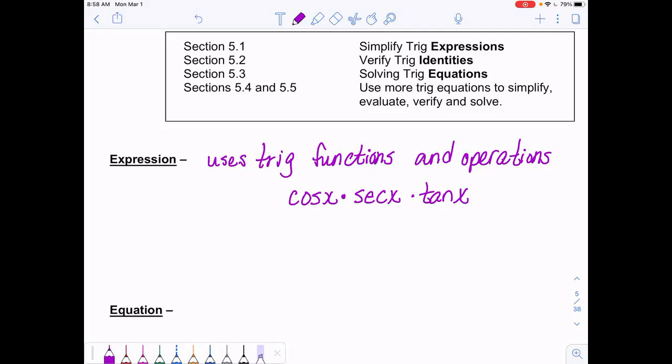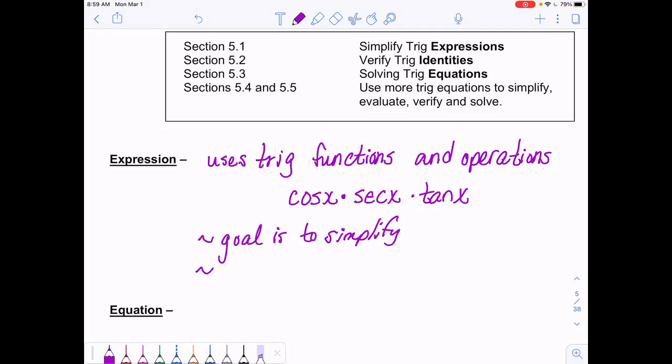Our goal will be to simplify the expression. Simplify means break something down as far as it can go, maybe to a single quantity, maybe because I'm combining like terms. In our case, we're going to be using trig identities.